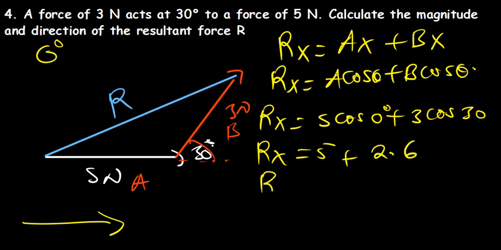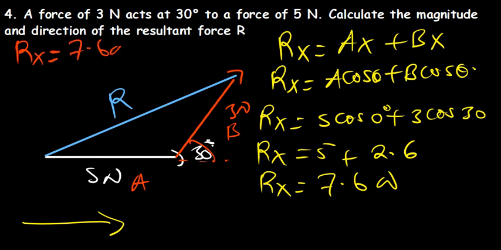So my Rx will be equal to 5 plus 2.6, which is 7.6 newtons. Now I have my Rx to be 7.6 newtons. Let's find the Ry.